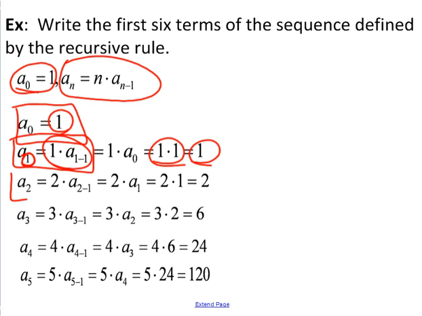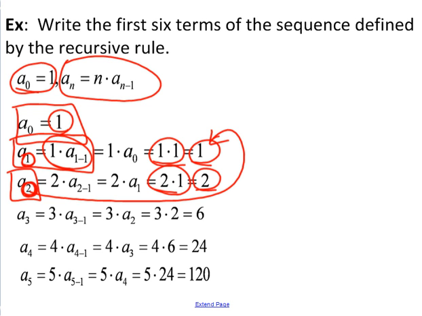Let's look at a sub 2. To get a sub 2, I take n, which is 2, and multiply that by the term that I just found. 2 times 1 is 2. A sub 3, I need to take 3 and multiply it by the term that I just got. 3 times 2 is 6.